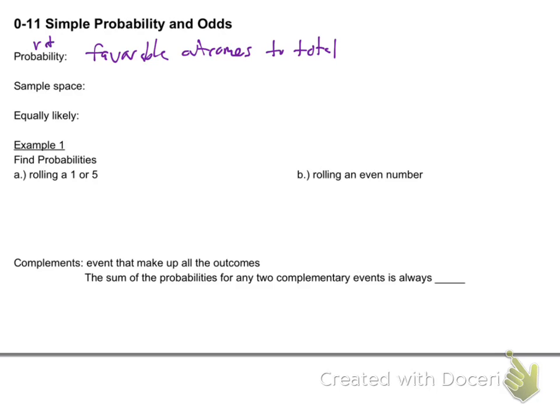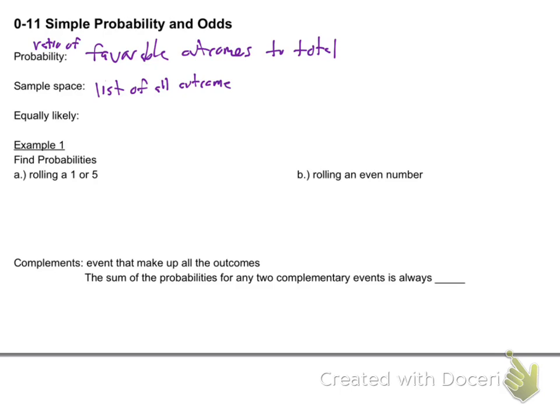So we'll say ratio of favorable outcomes to total outcomes. And the total list of all possibilities is what we call the sample space. So a sample space, again, is the list of all outcomes.